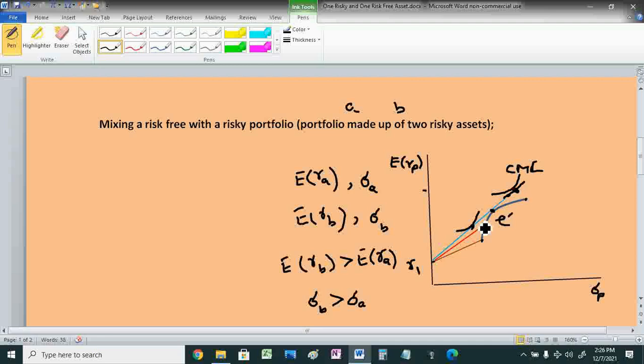So a person can act as a lender, or the person can act as a borrower. The distance between this point and this point will then define the extent of borrowing, and the distance between point E dash and this point will define the extent of lending. Sorry, this is lending and this is the extent of borrowing.